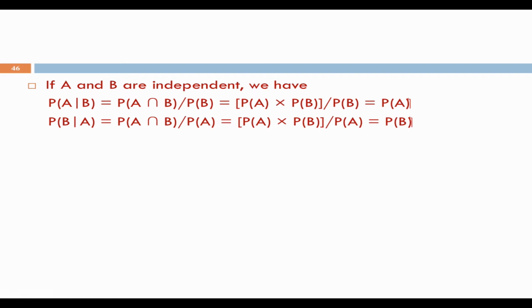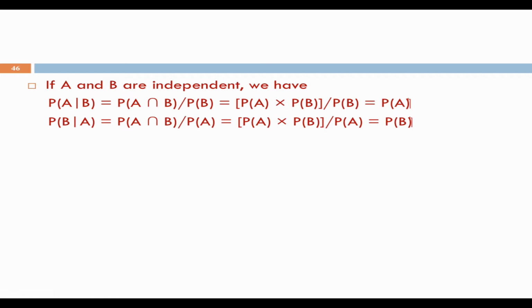And the probability of the intersection, if they are independent, is the product of the two probabilities. So this term and this term cancel. That means the probability of A conditional on B, if A and B are independent, equals the probability of A. And similarly, the probability of B conditional on A, if they're independent, equals the probability of B.